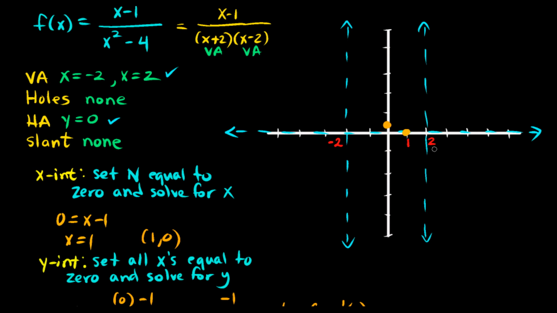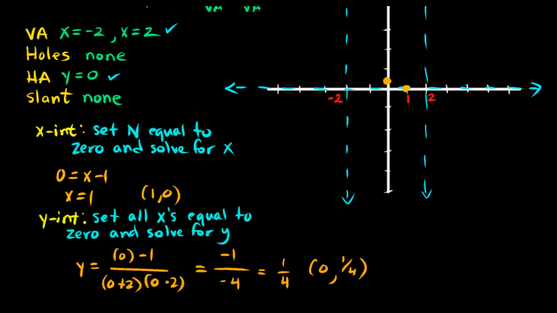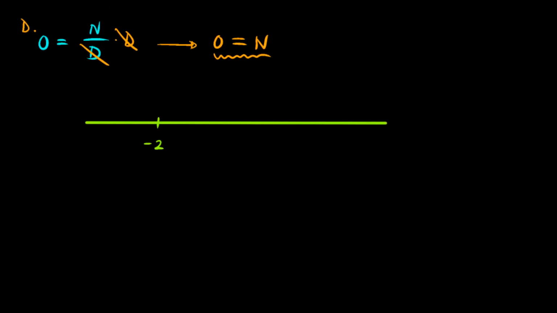I have a vertical asymptote. So what you're going to do is just draw a line here. The critical values are negative 2, 1, and 2. The 1 had an x-intercept. The other two had vertical asymptotes.